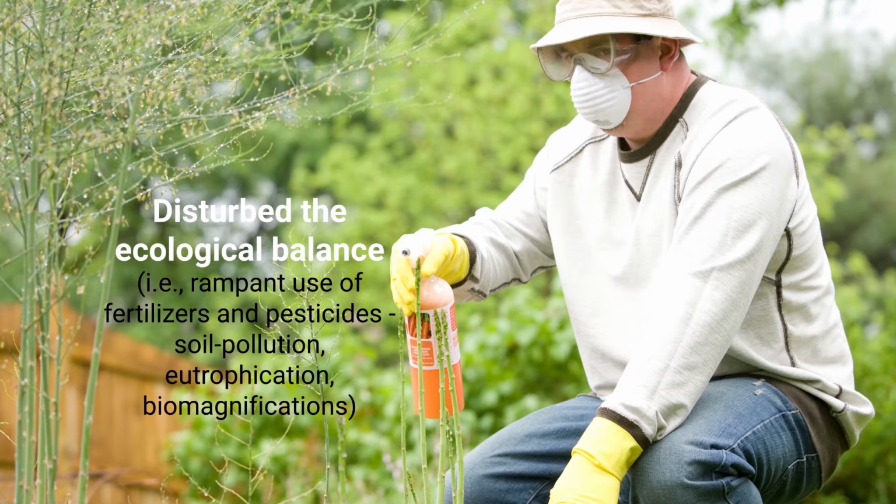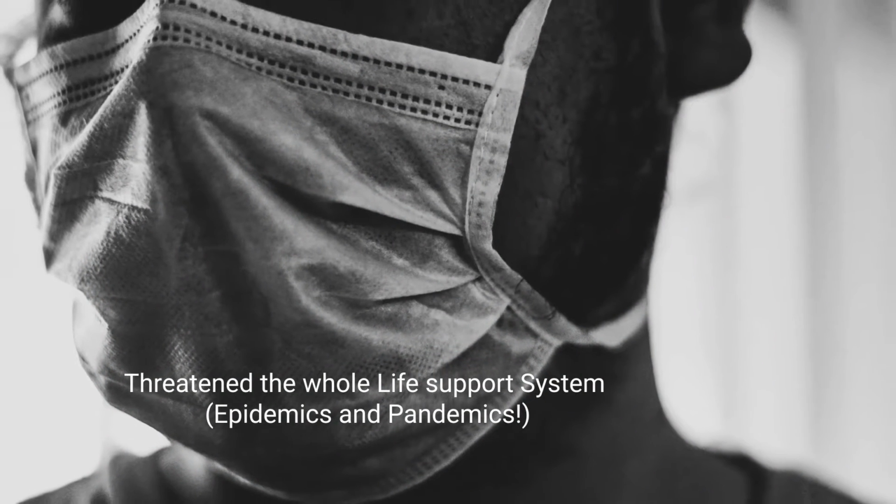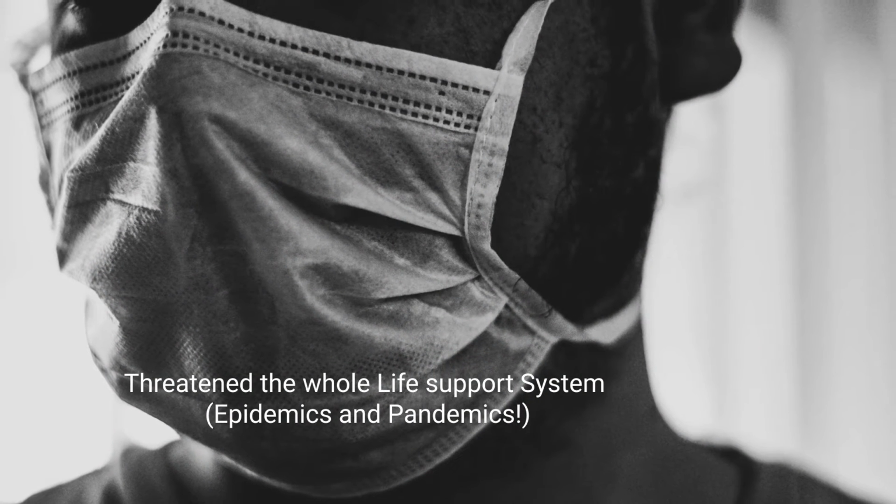For example, we all know how rampantly the fertilizers and pesticides are being used every day, which has led to soil pollution, eutrophication, and biomagnification. Technology has threatened the whole life support system, and we today are witnessing epidemics and pandemics, which is nothing but an outbreak of very, very highly advanced technological systems.